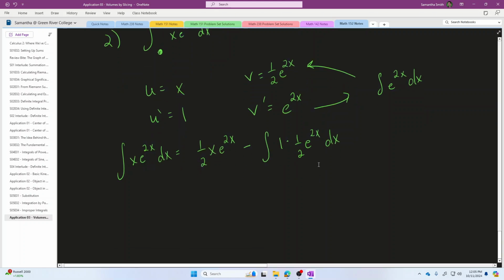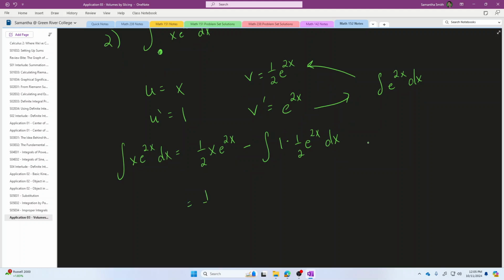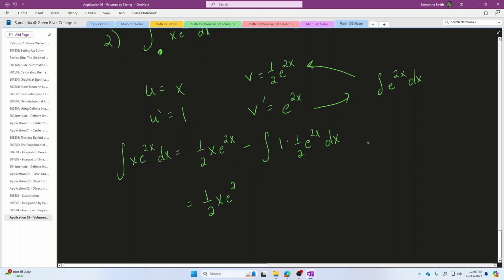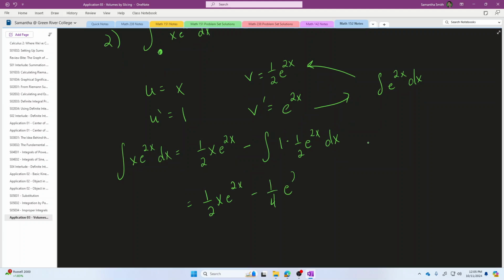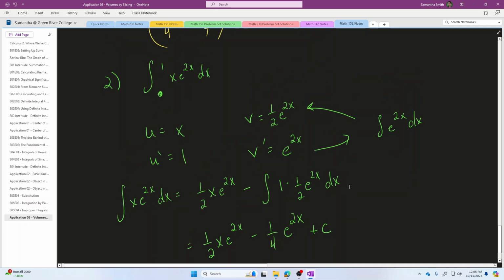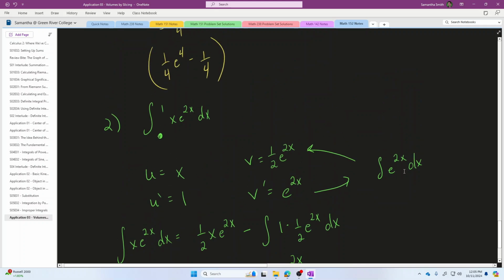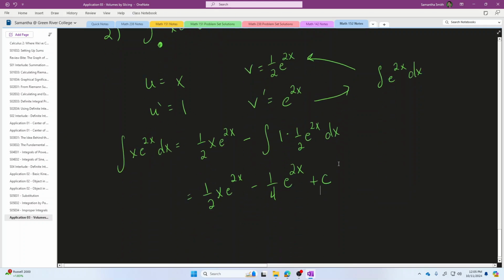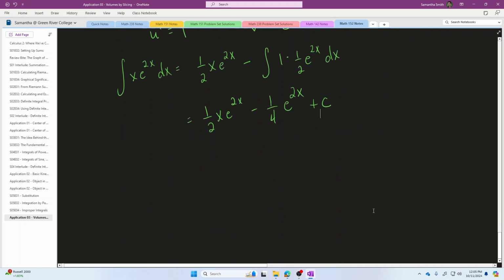And once again, if you're integrating e to the 2x, then substitution causes another copy of 1/2 to pop out, giving me in total 1/4 there in the back. This is the indefinite integral, and if I wanted the definite integral, all I would have to do is plug x equals 1 and x equals 0 into this result.